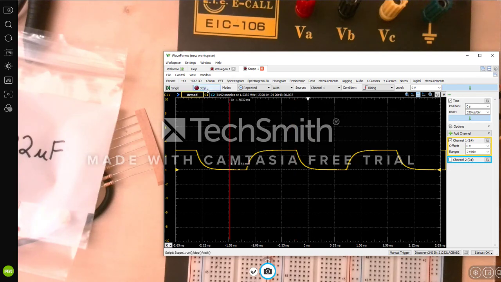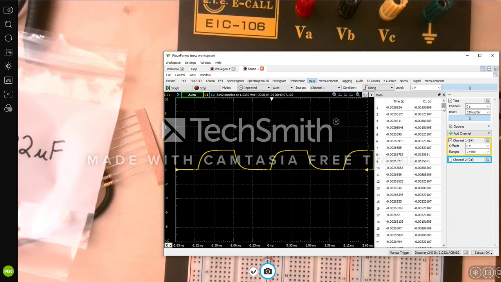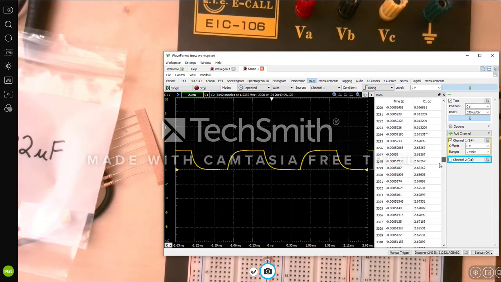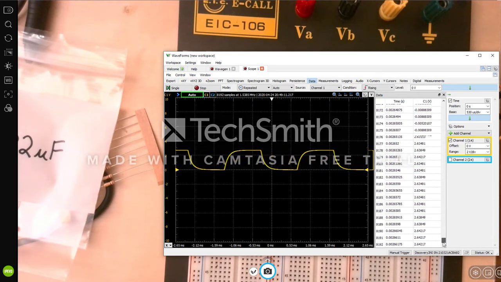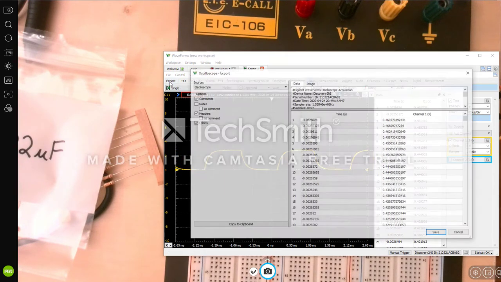Let's keep running and get our data within a given period, and let's export it.